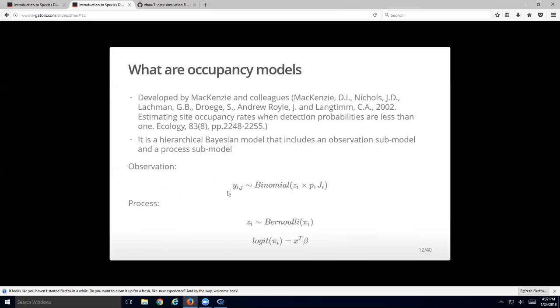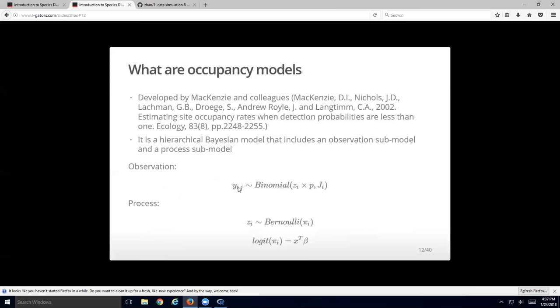So for this model, again, you will have some observations. And here, I will use the words presence-absence, because this is a model in which we want to distinguish observed presence-absence from the true but latent occurrence. So the presence-absence is either 0 or 1.